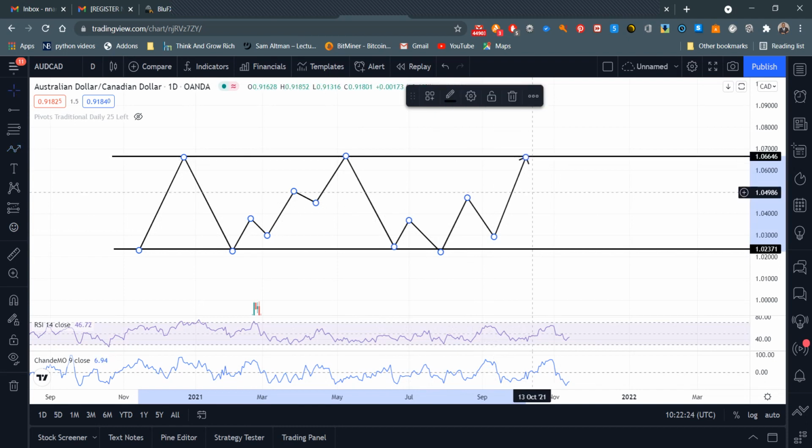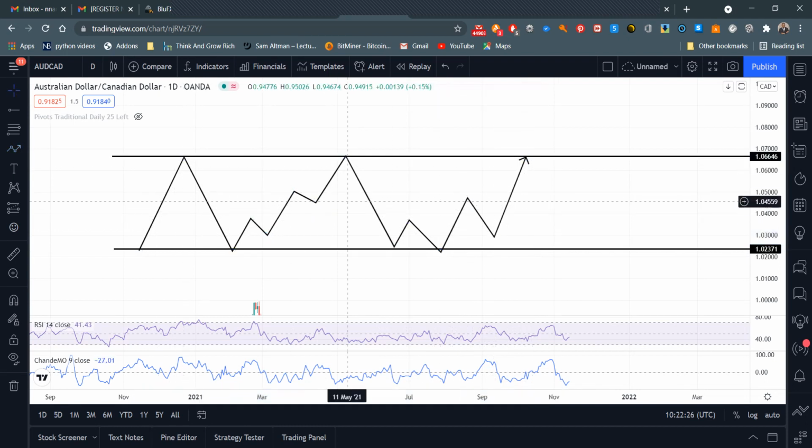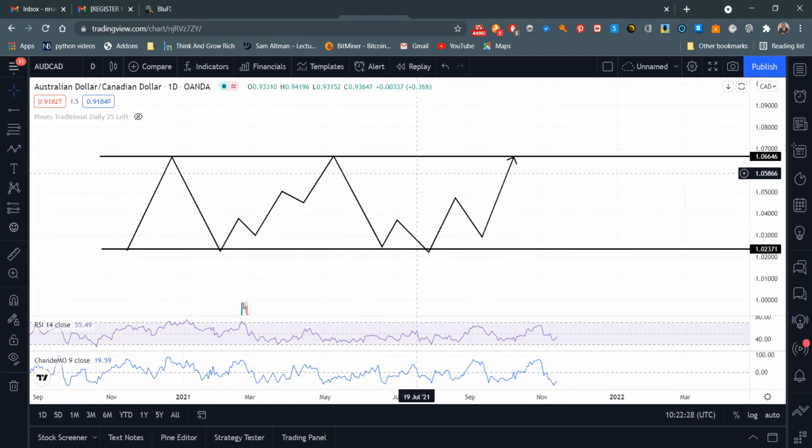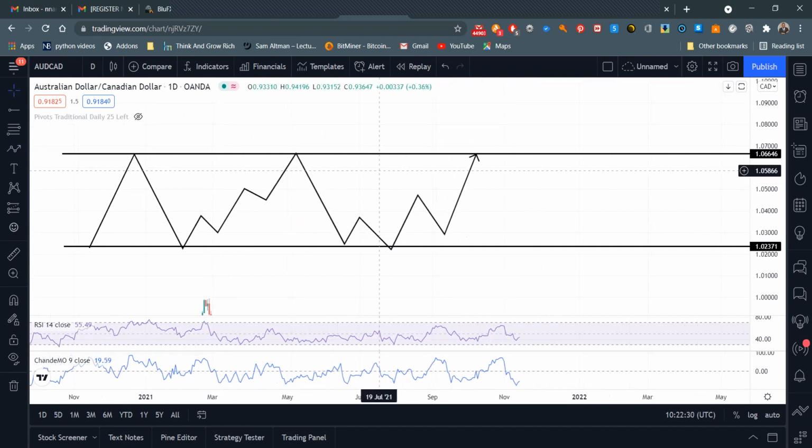We could have a resistance and support area hold for a long period of time, but eventually all things break, records are meant to be broken. So in many cases, you find price tends to break out from either a resistance or a support. Ideally, when price is approaching a resistance, we start looking to see if we could find a rejection and look for selling opportunities. And as price is approaching a support, we look to see if we could find rejection as well, and then look for buying opportunities.